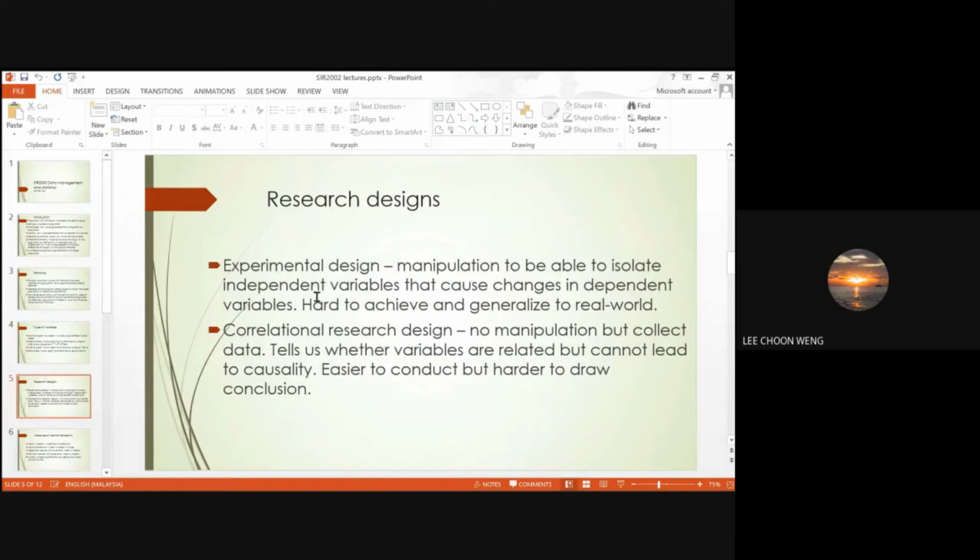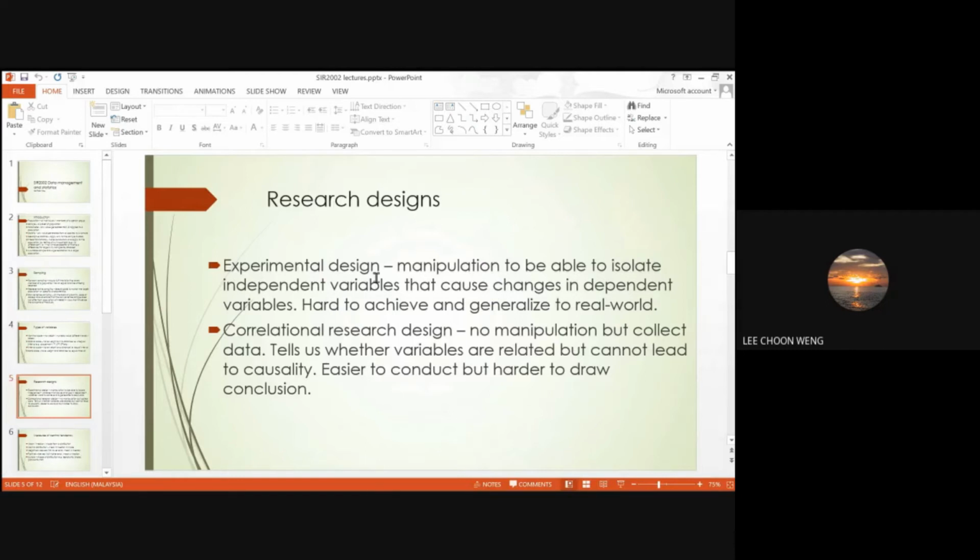So next we look at research designs, how you set up your experiments, how you set up your research approach. Usually you can divide them into two: experimental design or correlational research design. So for experimental design, you manipulate your experiment in order to isolate independent variables that cause changes in dependent variables.